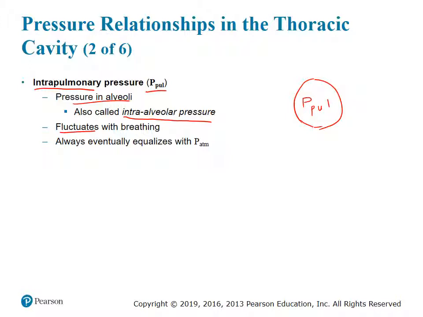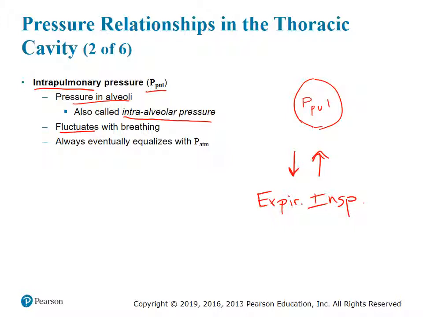It will decrease and increase based on whether we are inspiring or expiring, breathing air in or breathing air out.